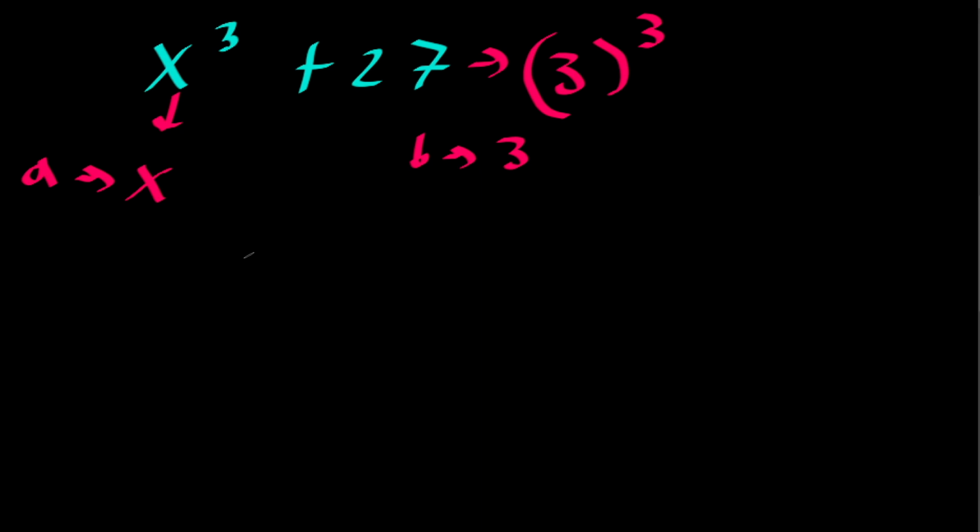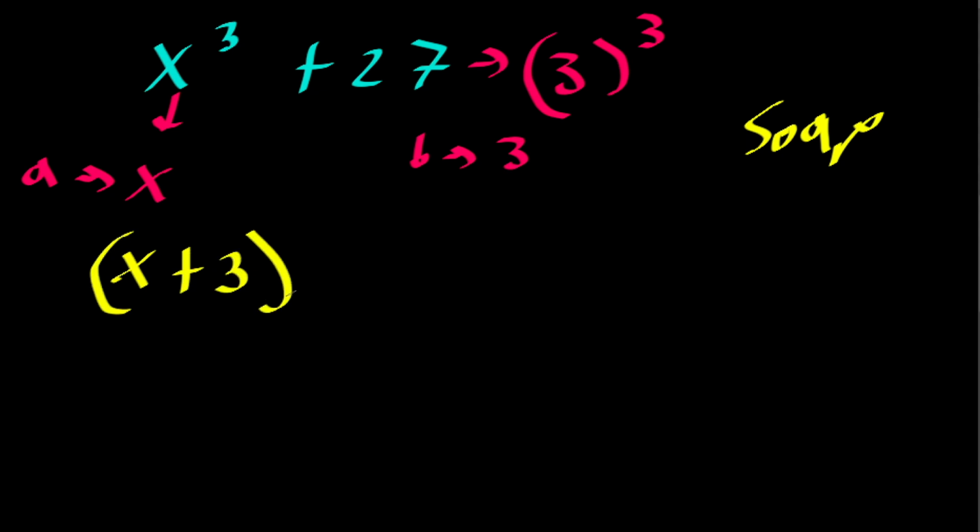When I factor this, we can use SOAP to help us with the signs, and then we just have to memorize the setup. The setup is a plus b, which is x plus 3. The sign is the same, because in SOAP, S tells us it's the same sign, times a squared, which is x squared.